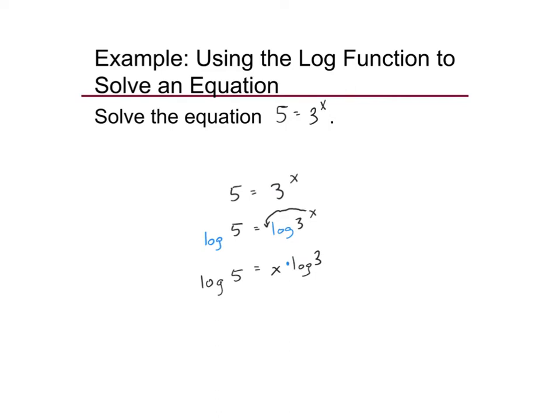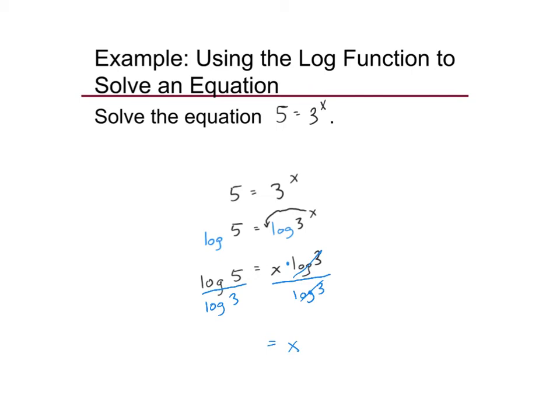And when we're solving equations, how do we undo multiplication? Well, we undo it with division. We're going to divide the right-hand side by the log of 3, and we divide the left-hand side by the log of 3. Cancel it out there, and we get x is equal to. Now, on your calculators, you all have a log button. For mine, it's right below the second button.